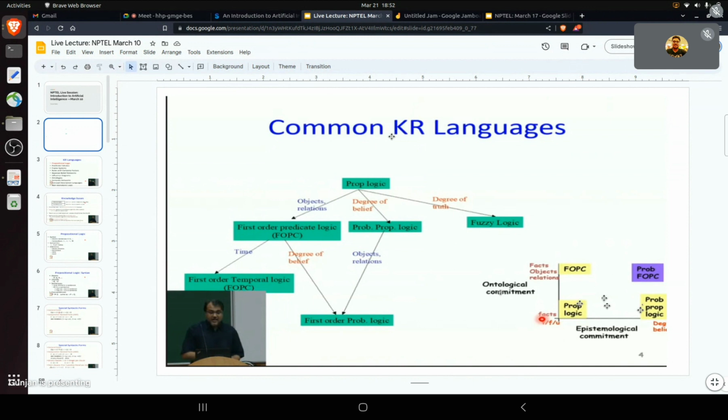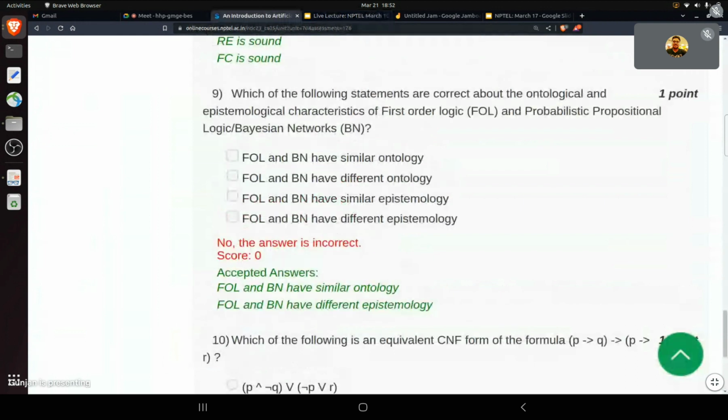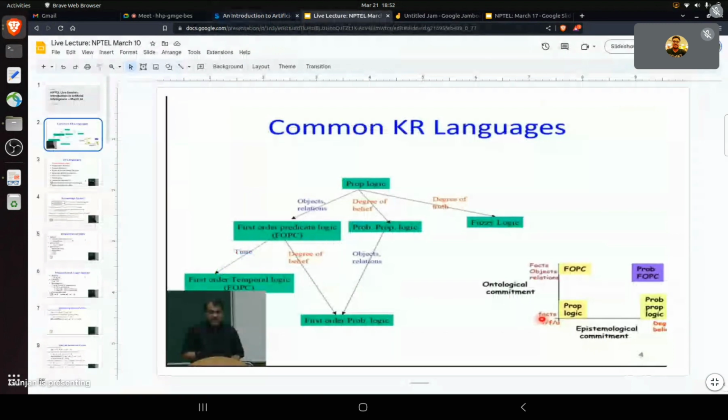So then, what is first order predicate logic? There are direct relations, like what you used to study in maths. First order logic just has statements: there is a statement P, there is a statement Q. When it comes to predicate logic, there are also relations between the statements.